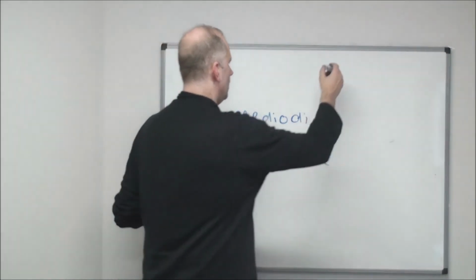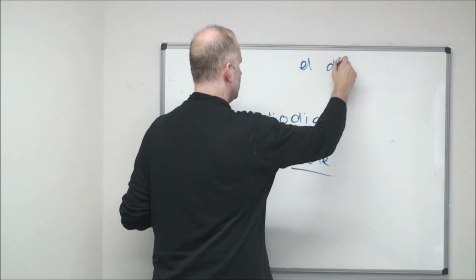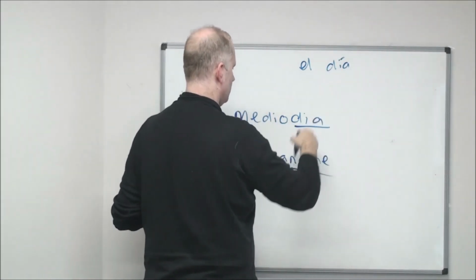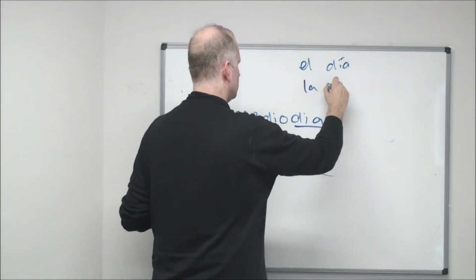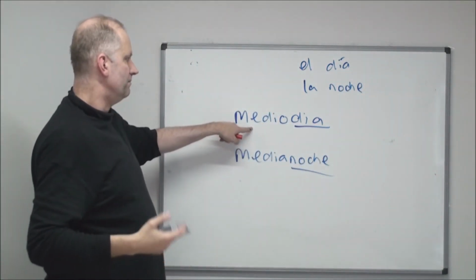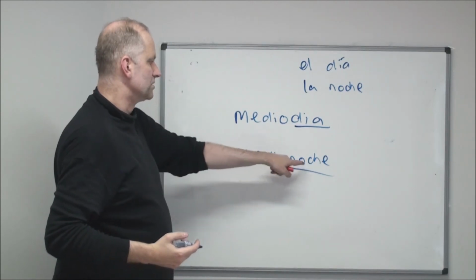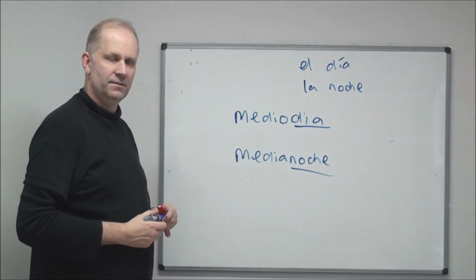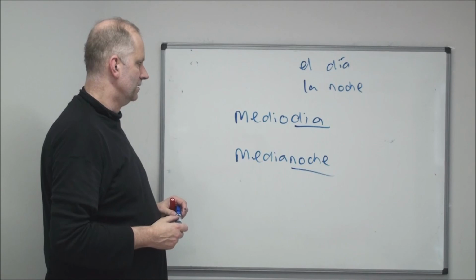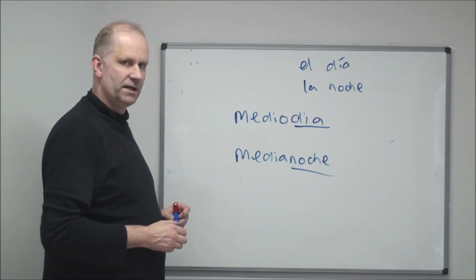So día is masculine, it's el día, and noche is feminine, la noche. So the word for half, mid, is medio masculine, or media, because noche is feminine. So mediodía, medianoche. Muy bien, so that's telling the time in Spanish.